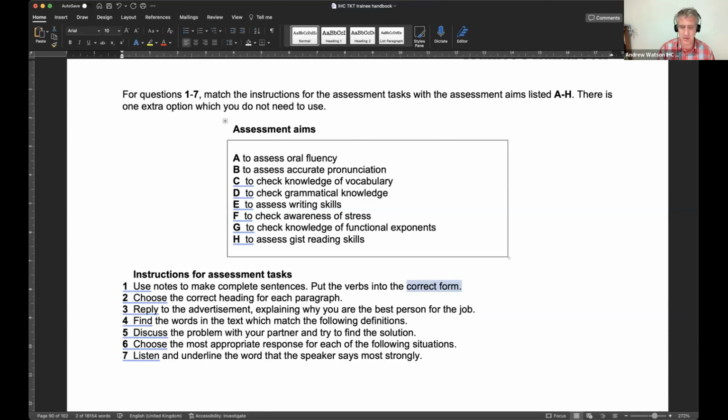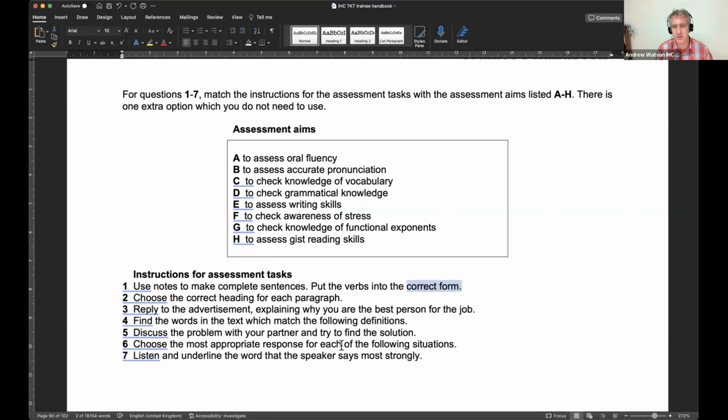Discuss is the keyword there, so it's going to be speaking skills. Oral fluency. 6: appropriate response for the situations.